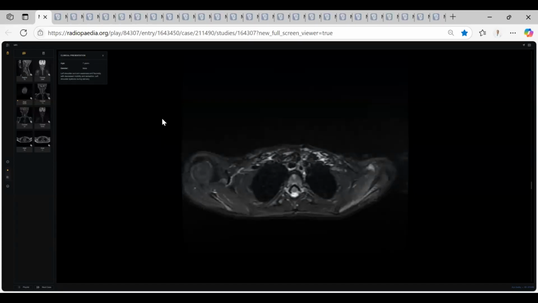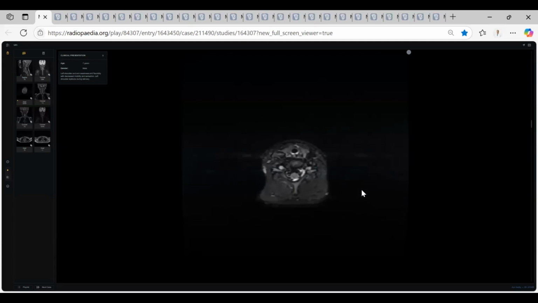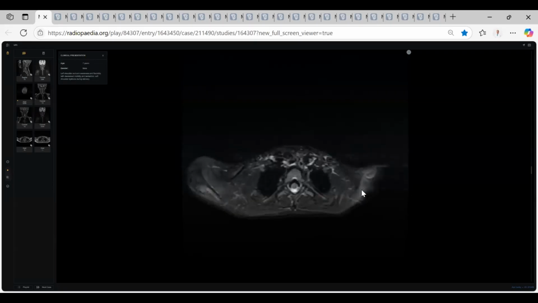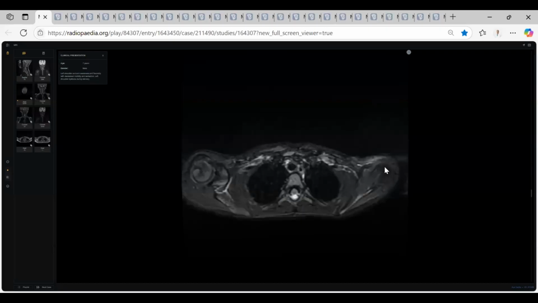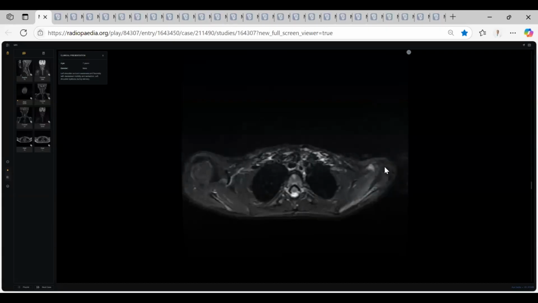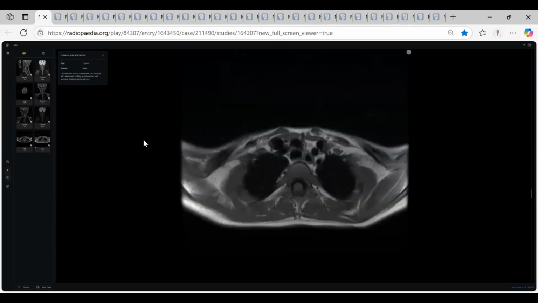See here at the left side, what is this? What happened to the muscle here? Compare left to right. I think this is the supraspinatus. I think the child is going to have muscle atrophy.